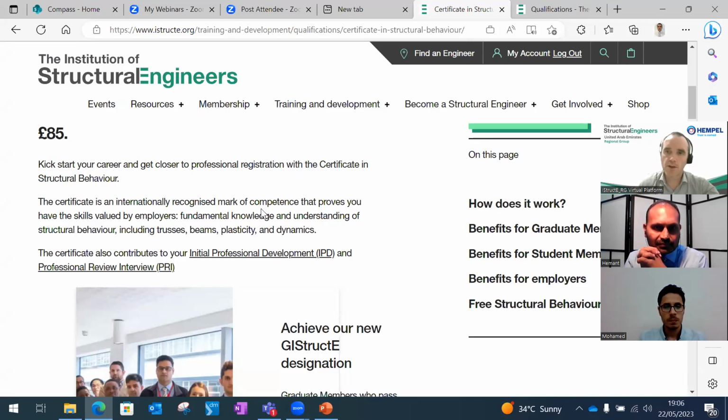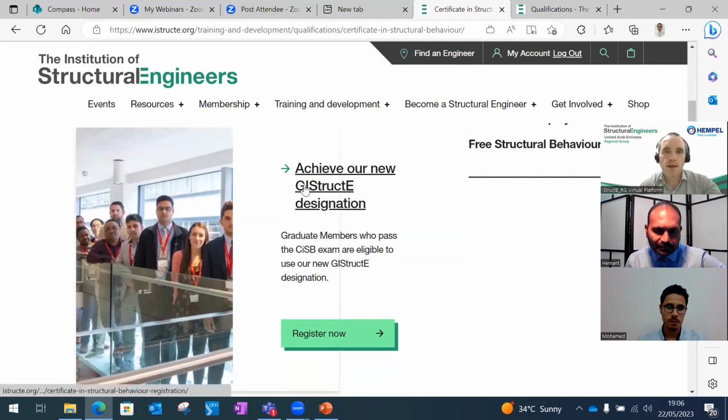You can put those qualifications after your name. If you're working towards chartership, having the exam also contributes towards your initial professional development and the professional review interview. So this would be what you would get at the end, the designation.